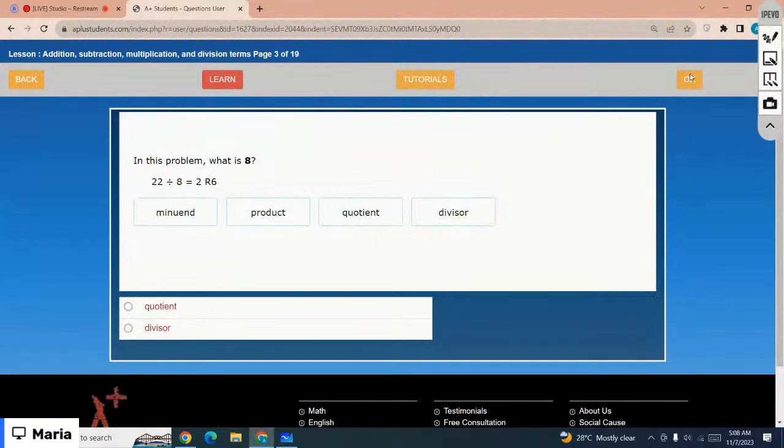Divisor. It is what you're going to divide with, so that would be a divisor. Okay, the next one is 8 equals 40. So what is 40? Remainder or sum? Which is the correct option?